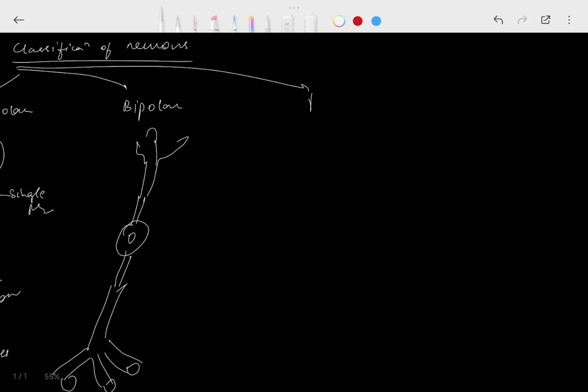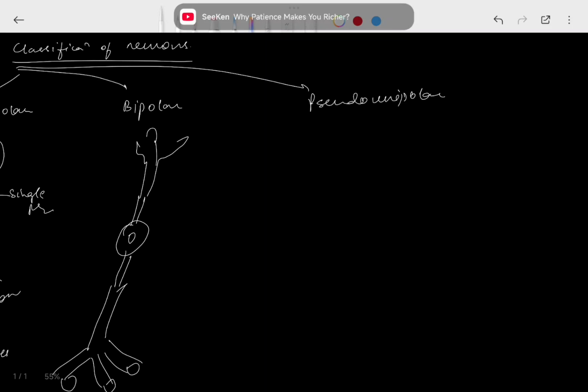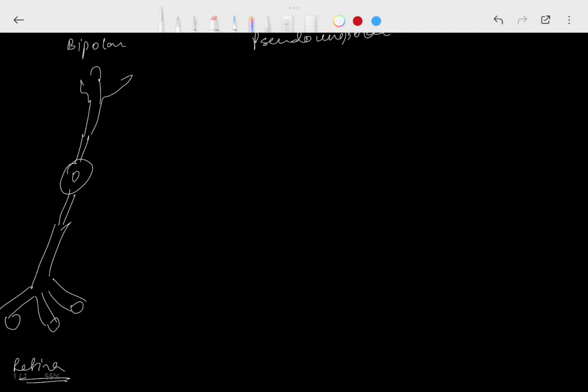The next one is called pseudo-unipolar. It gives rise to only one cell process, and then it splits, it bifurcates into two.